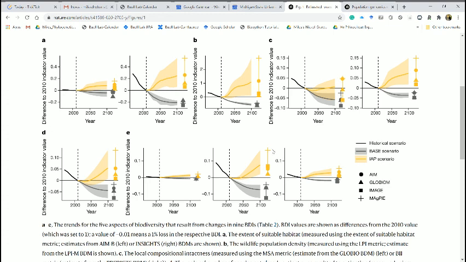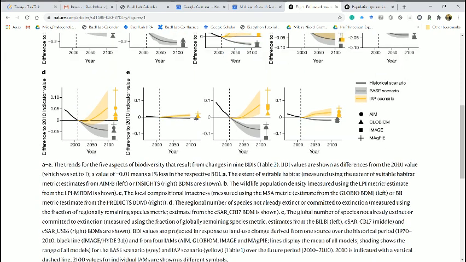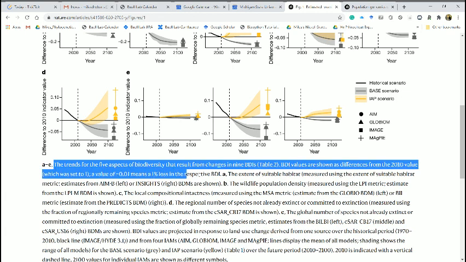But yeah, we essentially have lots of indicators. These are just labeled as indicator values. These y-axes are pretty vague. So let's try to figure out what's going on here. 5 aspects of biodiversity. BDI values. It's not clear what any of these mean yet.